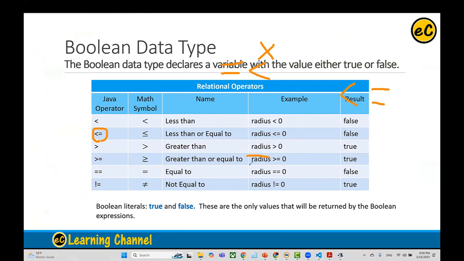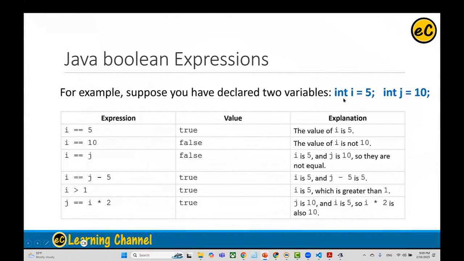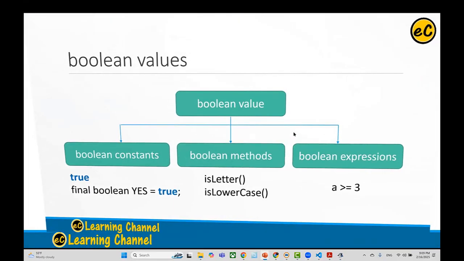There's no such thing as equal, greater. It's always greater, equal. And not equal uses this one. These are something some students often get wrong. Remember the definition, I will not repeat this. Equality checks always use the double equal sign. This is very important. Not a single equal sign.